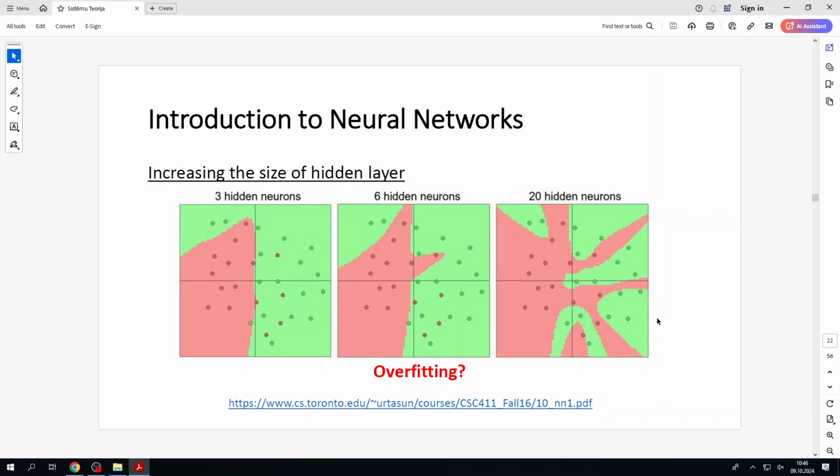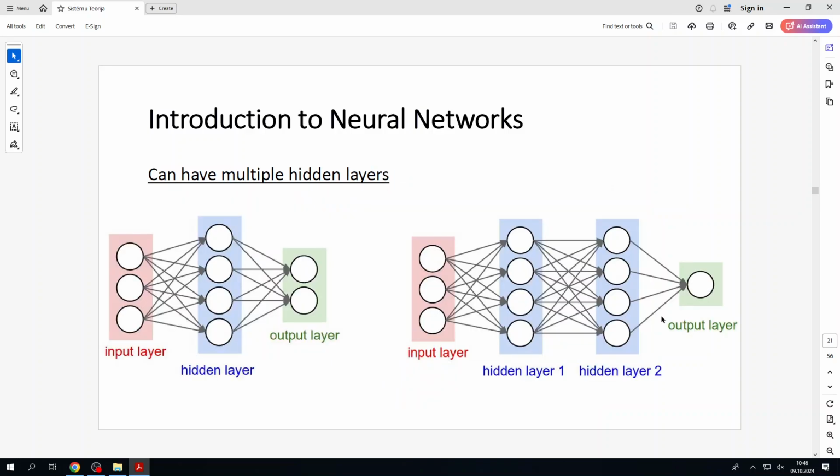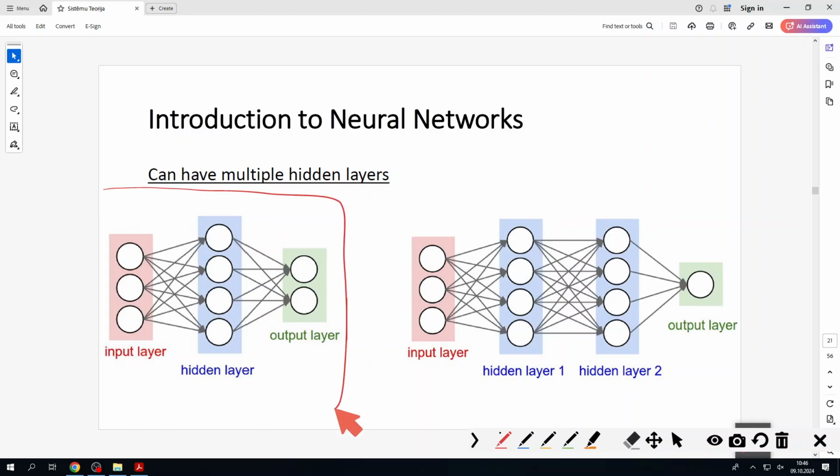Another issue is how many neurons you need. For example, here you can see the configuration of a neural network, this first one. We have only one hidden layer, and we change how many neurons you have in that hidden layer.